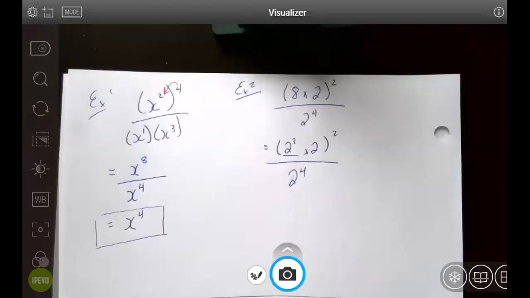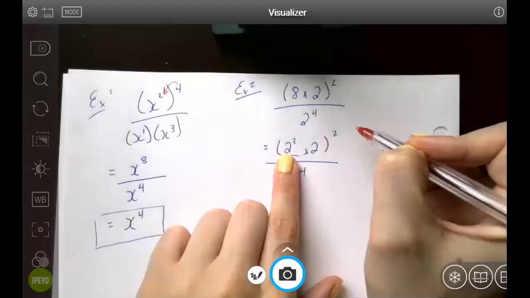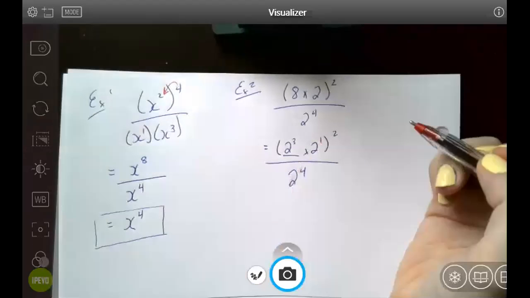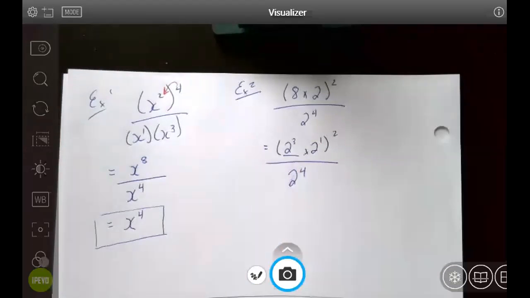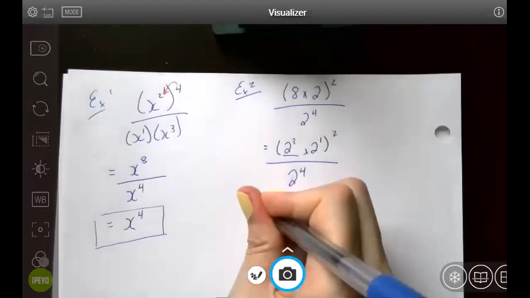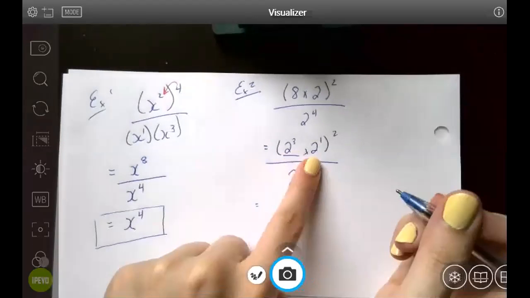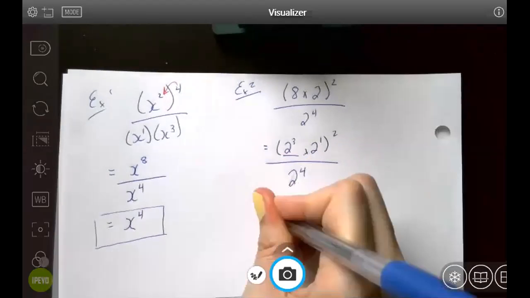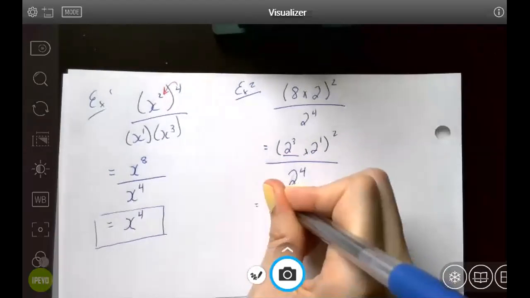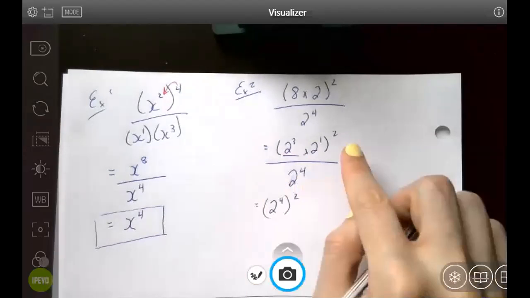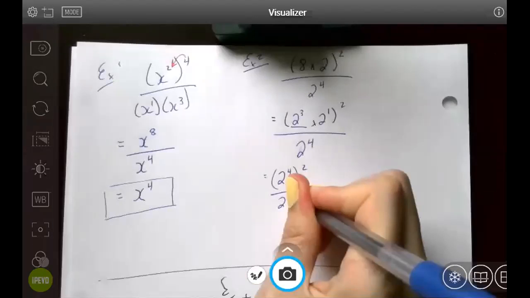Now I can start solving this thing. So because I have 2 to the power of 3 and 2 to the power of an invisible 1, I can start by simplifying that. So when I'm multiplying like bases, I just add the exponents. And that's still all squared, and it's over 2 to the power of 4.